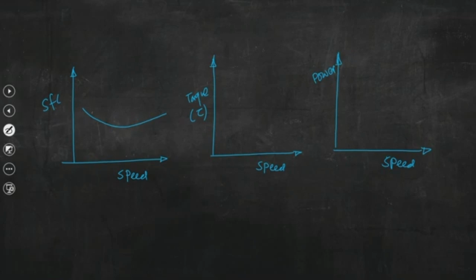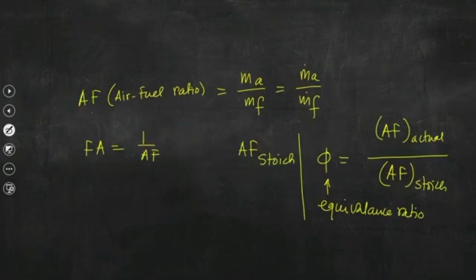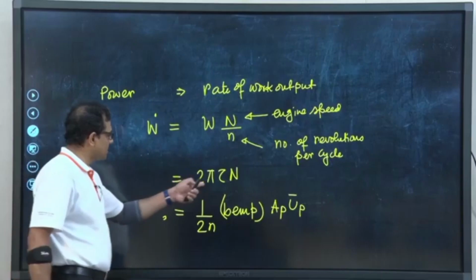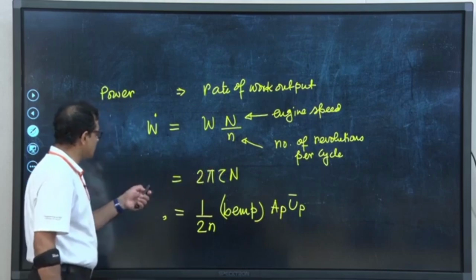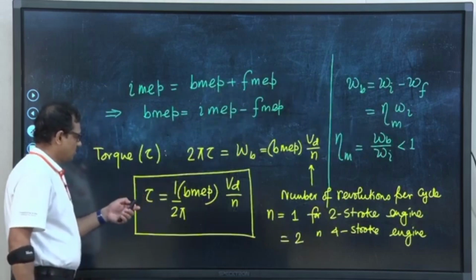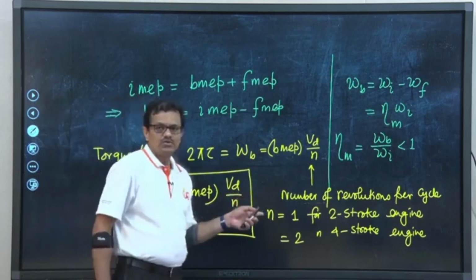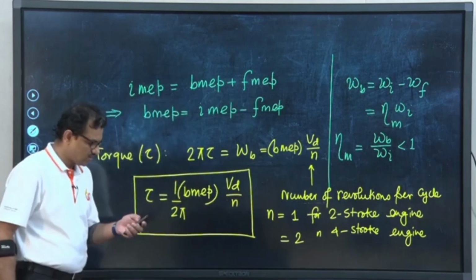So, let me go back to the slide wherein we have written the expression of torque and power. So, this is the power, you can see that if we can measure torque, we can get the expression of power, and this is the torque. So, all these are related to the engine speed.